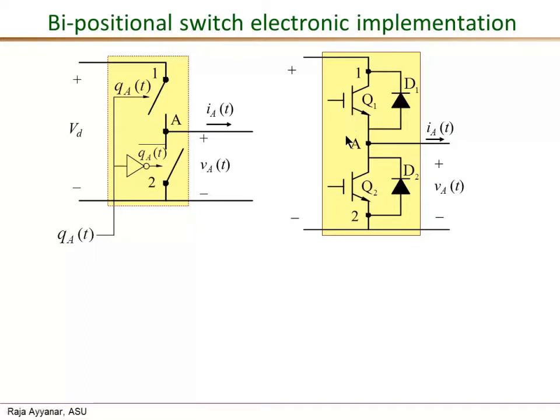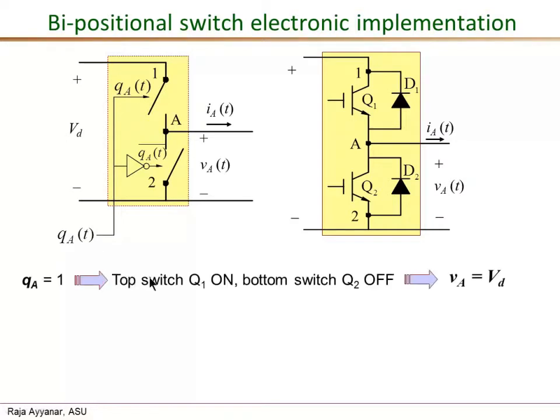These controllable switches are controlled by this switching signal Q, or Q sub A for pole A. Then I will also introduce the convention that we will be using throughout. When Q sub A equals 1, by our convention, the top switch, or Q1 in this electronic implementation, is on, and simultaneously the bottom switch Q2 has to be off.